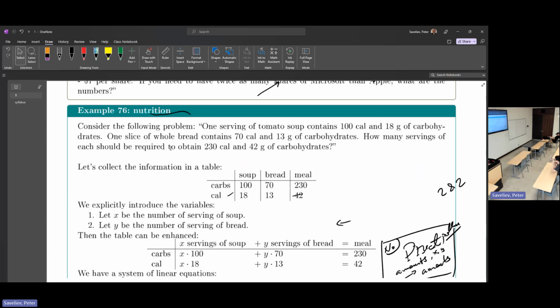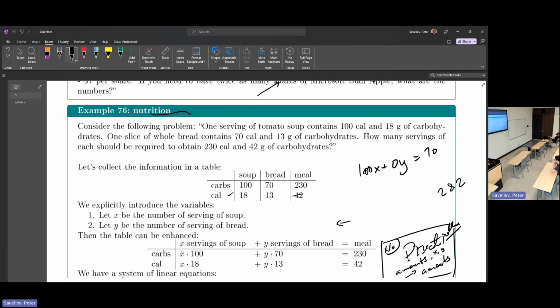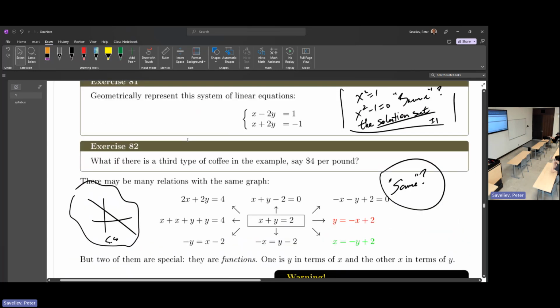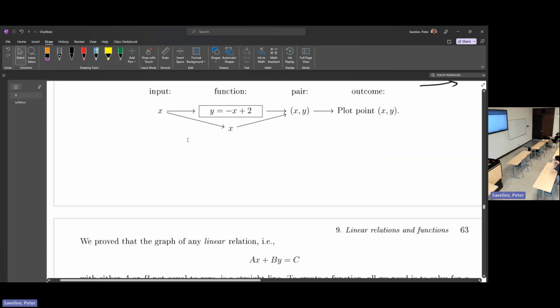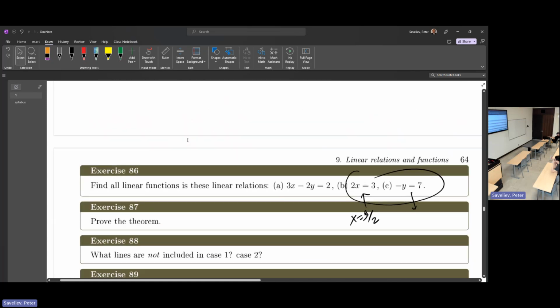You cannot predict that, you can't expect it to be present everywhere. It literally would be like 100x plus 0y is equal to, I don't know, 70, whatever. So it's possible that certain ingredients will not appear in a particular combination. We do not know ahead of time, and so we want to include that possibility in our theory.